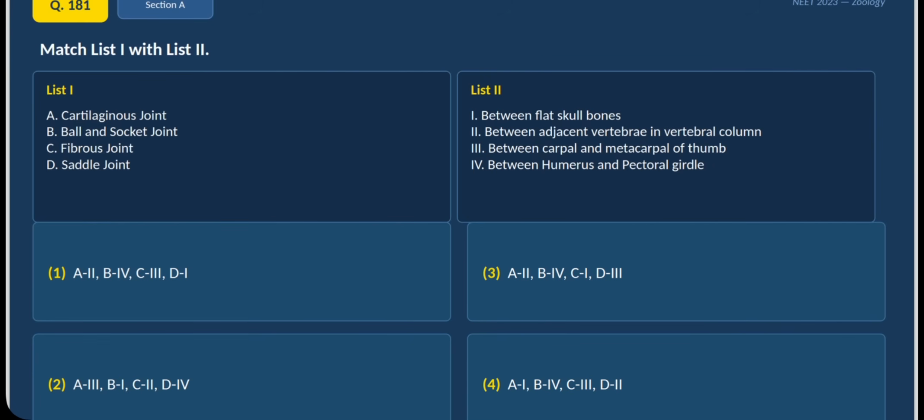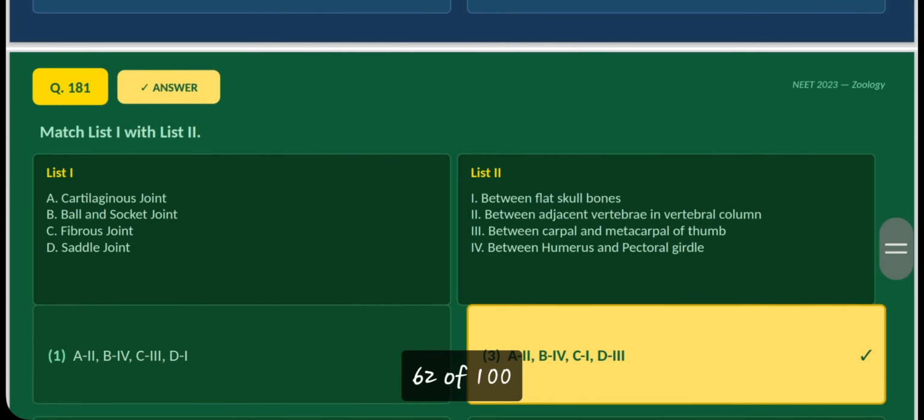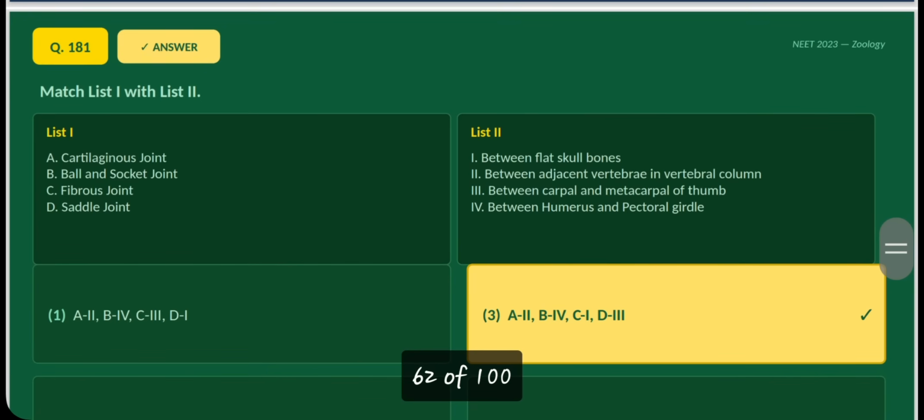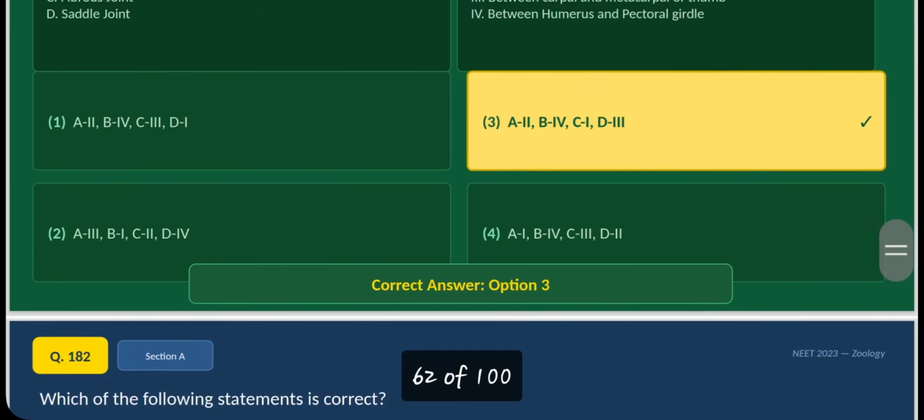Fibrous joint is between flat skull bones, so C1. A2, B4, C1. So third option is the correct one. Saddle joint is between carpal and metacarpal of thumb. Very interesting question, match the following, the different types of joints.